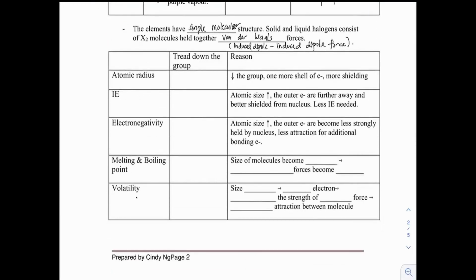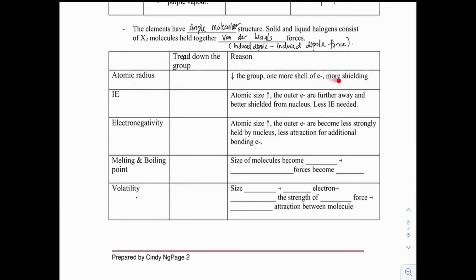Okay, now let us study the trend of the physical property going down the group. There's a typo here. This is trend down the group. So for atomic radius, what are the things that we have to focus on going down the group? Going down the group, there will be one more shell of electrons.